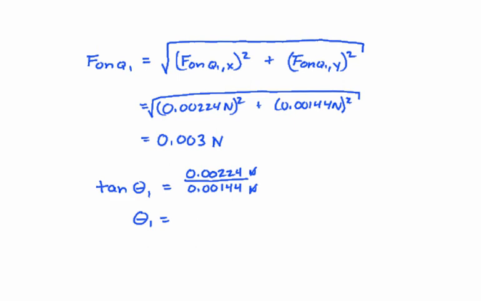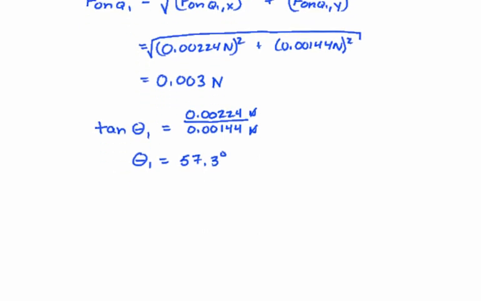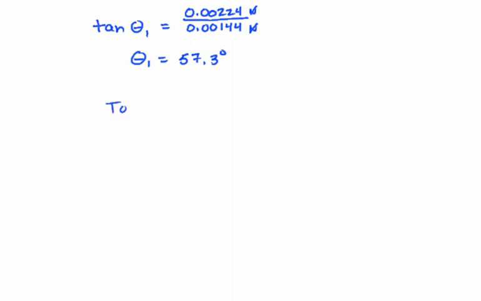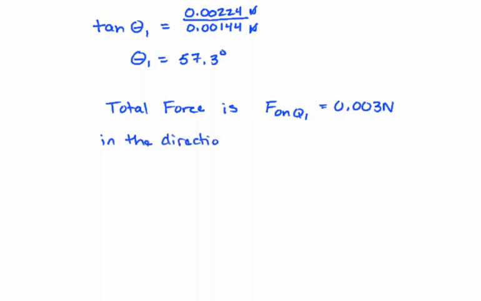Inverse tangent of that fraction gives us the angle. So that means that our total force due to these two charges on Q1 is equal to 0.003 newtons in the direction of 57.3 degrees up from the positive x-axis.